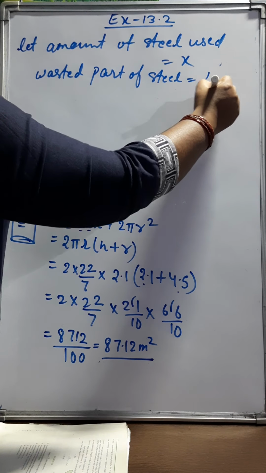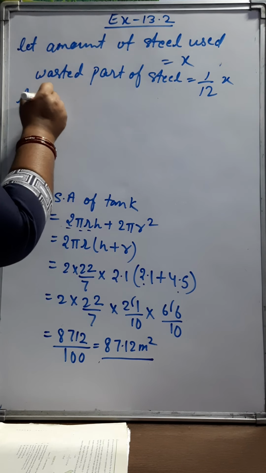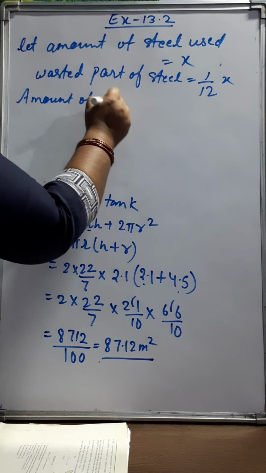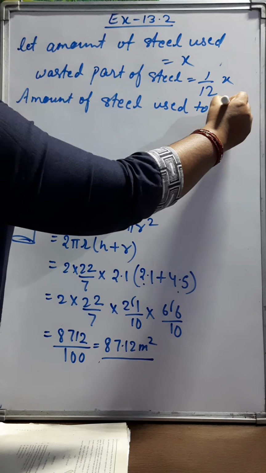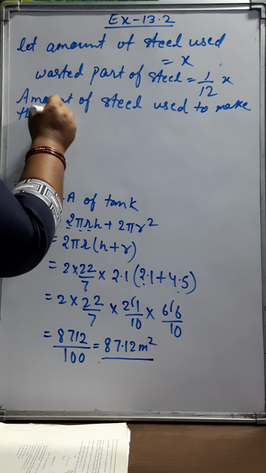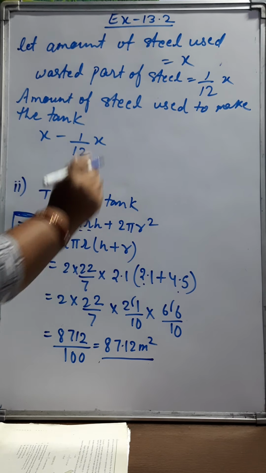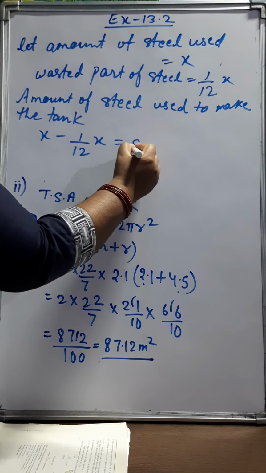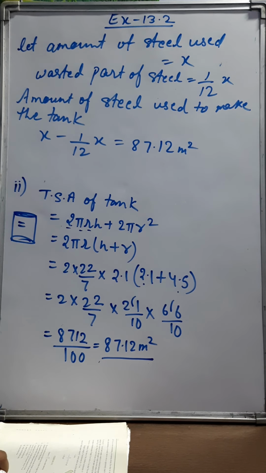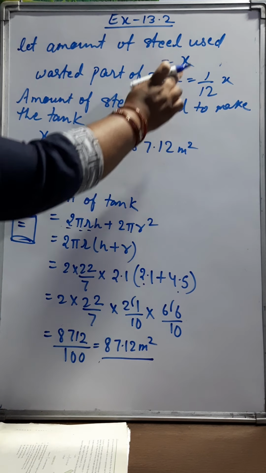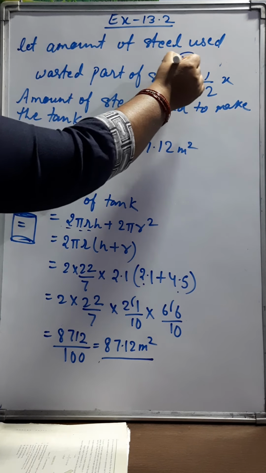So the amount of steel used to make the tank will be X minus 1 by 12 of X, and this is equal to 87.12 meters square, because for making the petrol storage tank we need this much steel, and X is actually used minus wasted part. So this X we have to calculate.